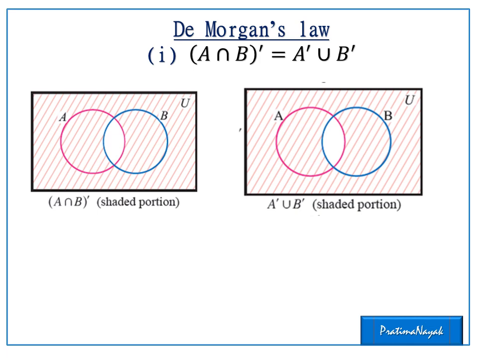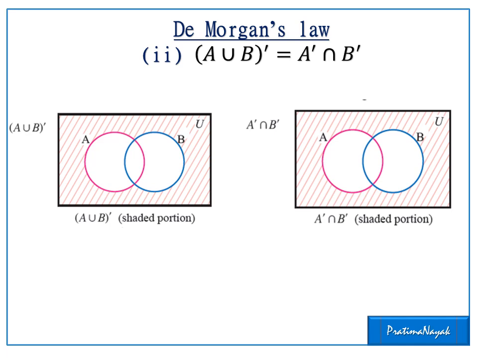Venn diagrams are used to prove many concepts in set theory. So in this figure we'll prove another law, that is De Morgan's law. A intersection B whole complement is equal to A complement union B complement. You see both the figures. First figure is A intersection B complement, and second is the same as A complement union B complement. De Morgan gave two laws related to complement and operations on sets.